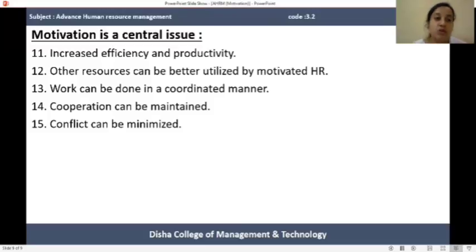Next, motivation helps the human resource to utilize other resources in a better way. If the human resources are motivated positively, then they utilize the other resources of the organization in a perfect way. It means they are satisfied with the organization. They always think about the betterment of the company.